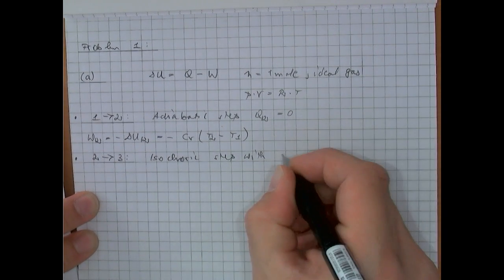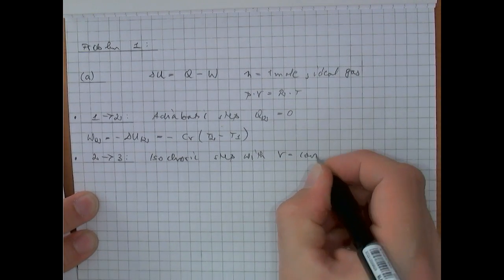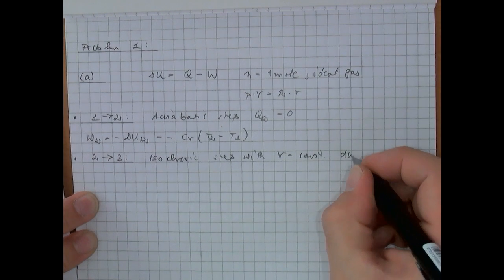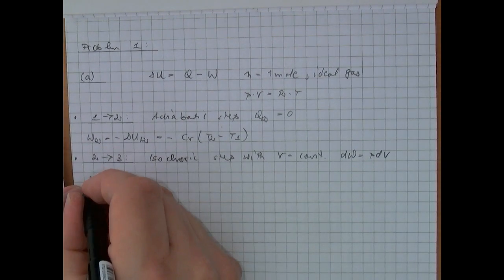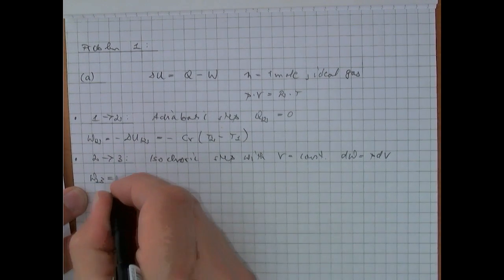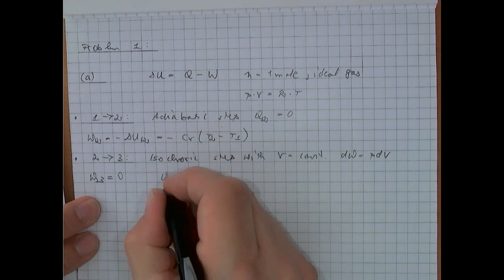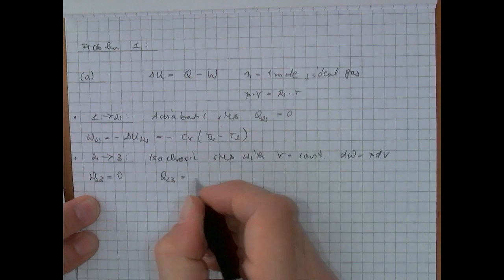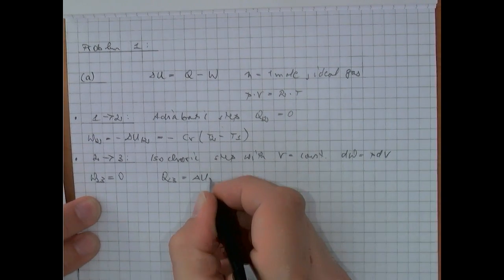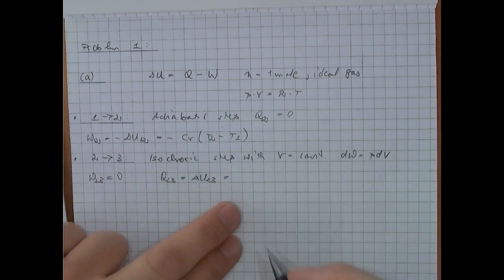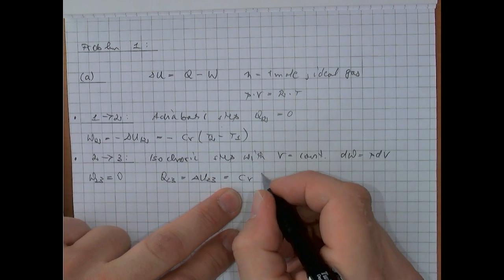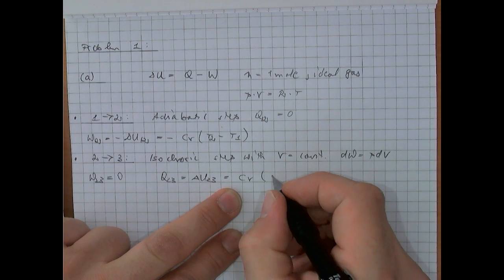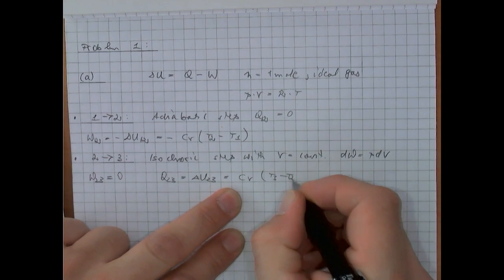With constant volume, dW equals PdV equals 0, so W23 equals 0, so therefore Q23 equals delta U23, and since we have 1 mole, this equals Cv times (T3 minus T2).